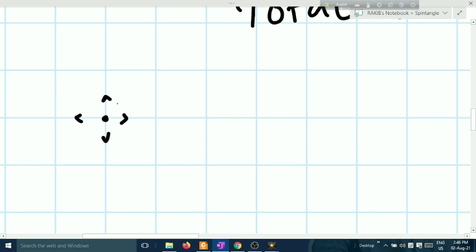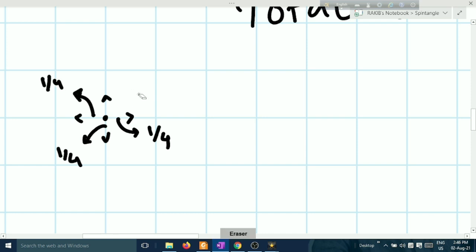Therefore, what will be the probability of going each path? The probability will be 1/4 for each. You can go by this path with 1/4, by this path with 1/4, this is also 1/4, and this is also 1/4.